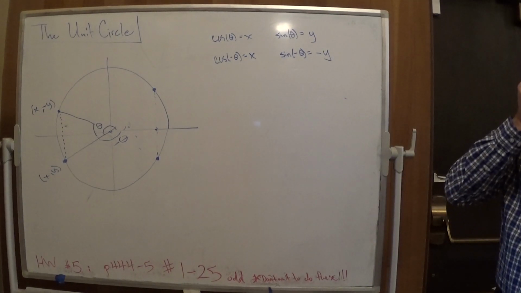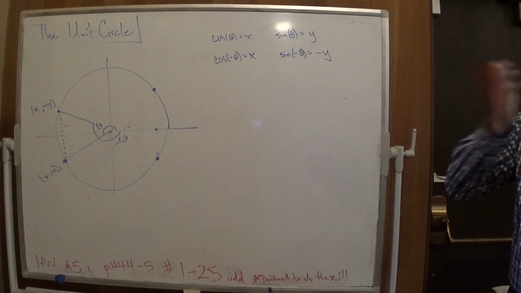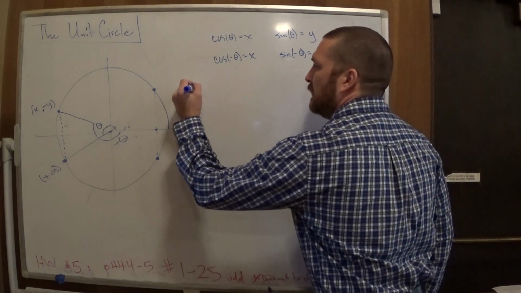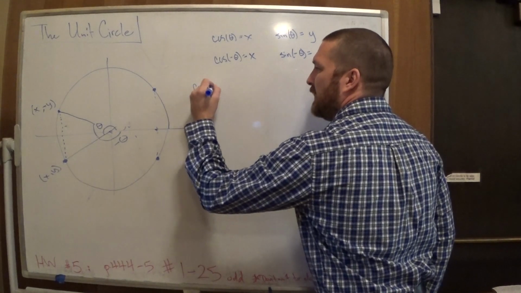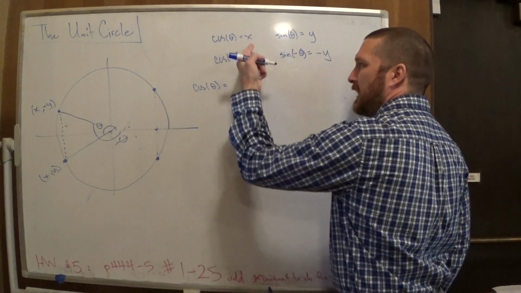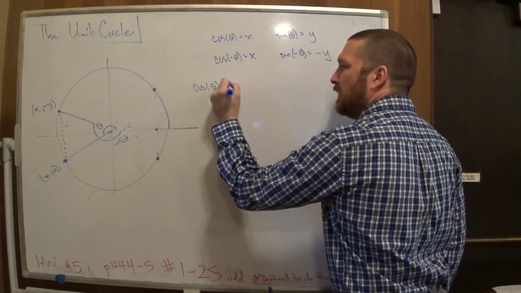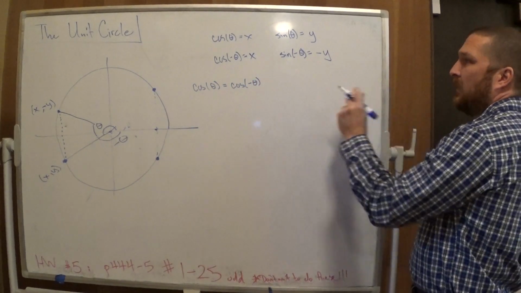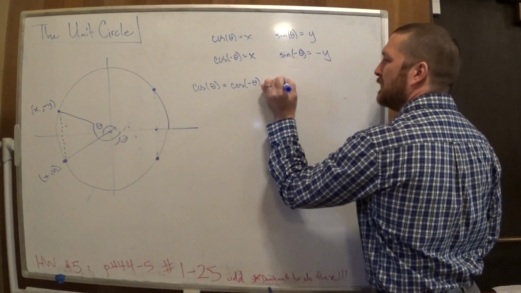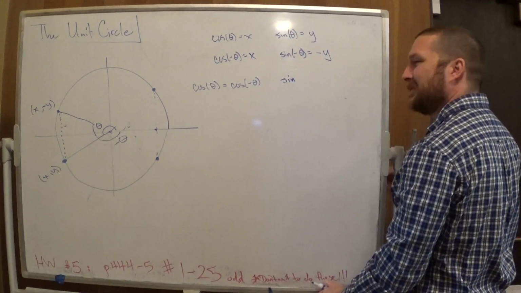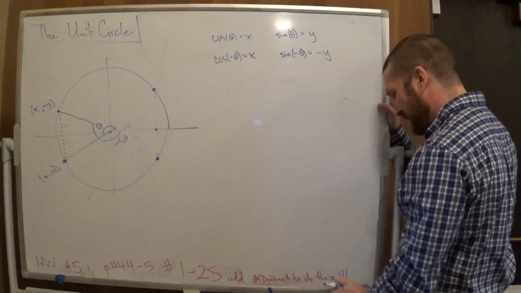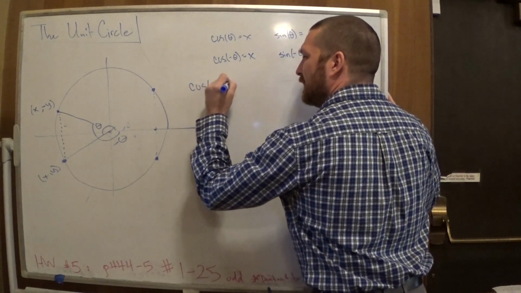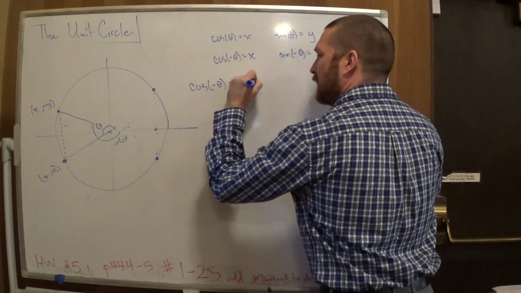Everybody get that? So in other words, another way of writing this is to say that since cosine theta equals x, cosine theta equals cosine negative theta. What about this guy? In fact, I want to do it this way: cosine negative theta is equal to cosine theta.